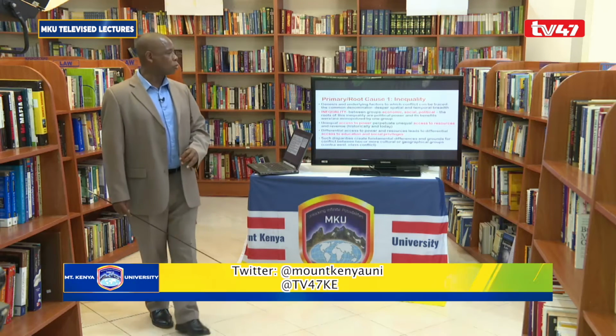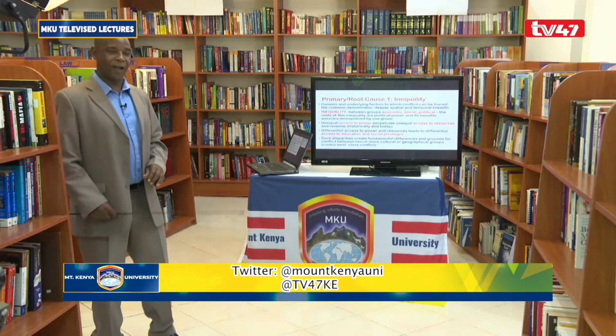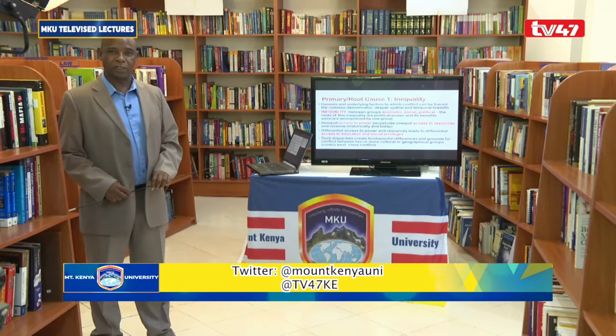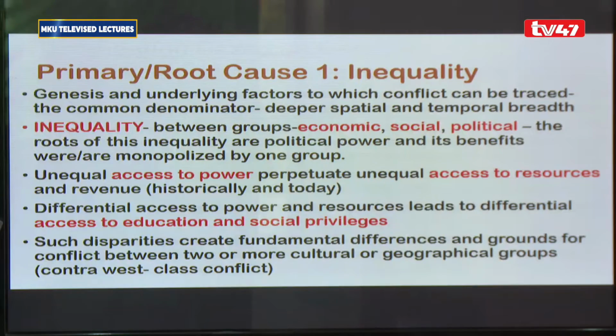Primary or root causes. The first and most obvious cause of conflict in Africa is linked to inequality. Inequality in Africa is in terms of access to political power, access to economic resources, and access to social privileges.